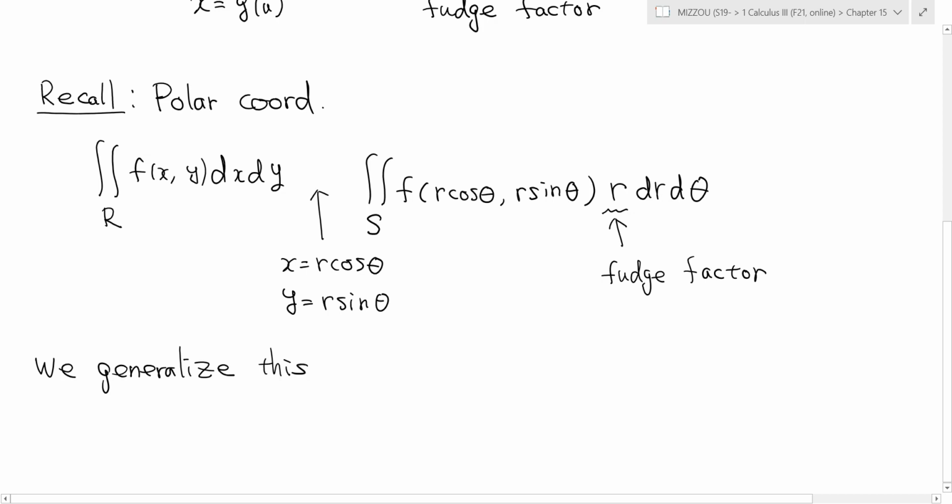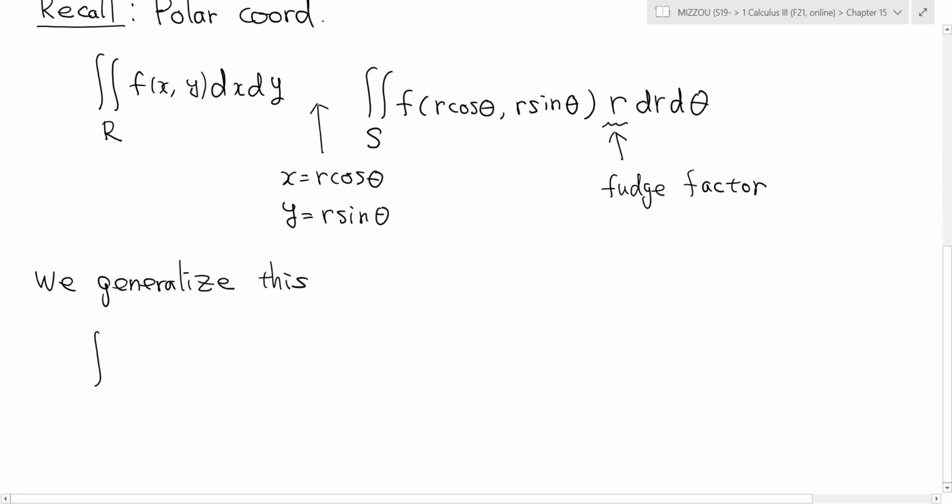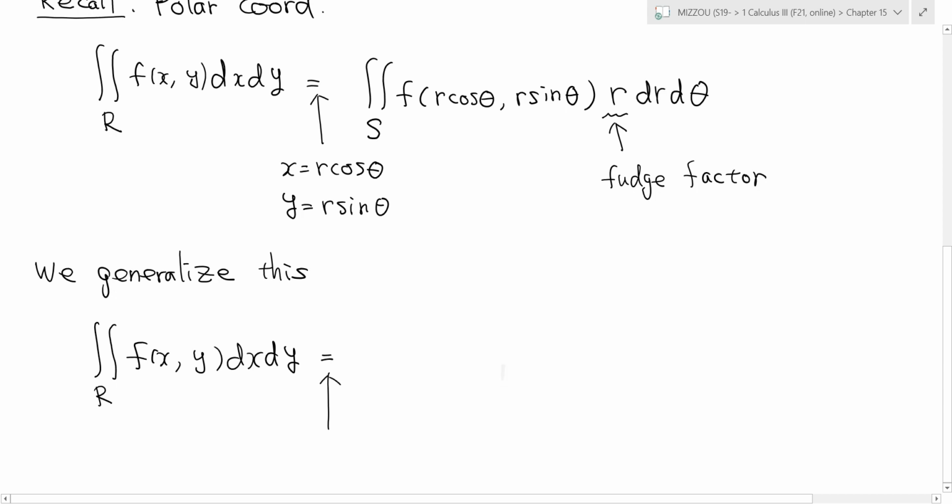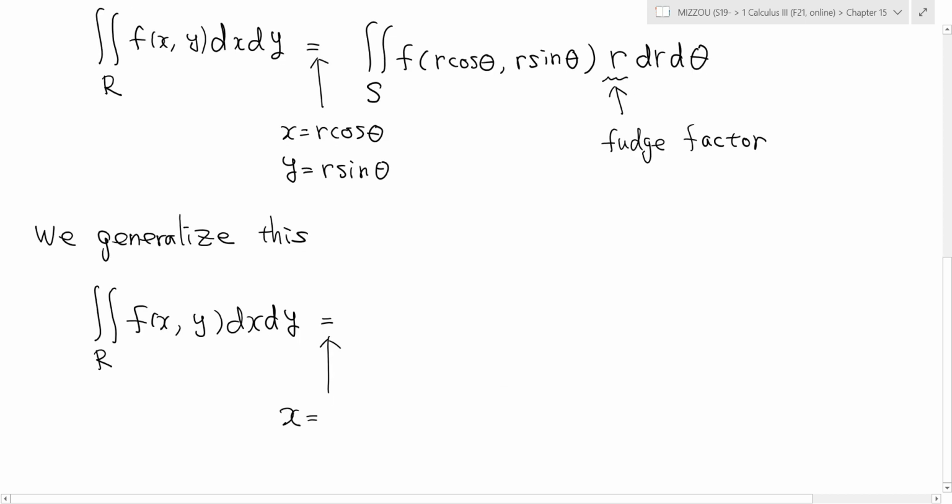Then the idea is we generalize this. Suppose you have some double integral, and by using the change of variables, namely we express x and y in terms of some other variables u and v. So let me write it this way. This notation means x is a function of u and v, and y is also another function of u and v.